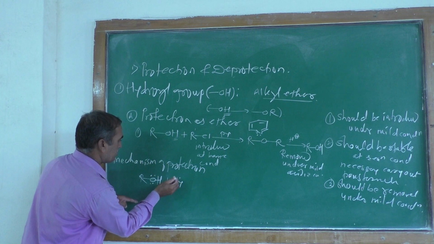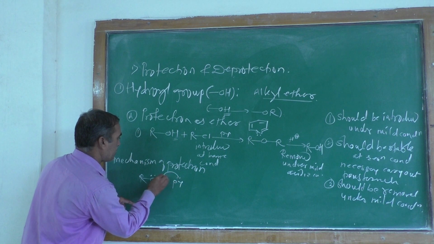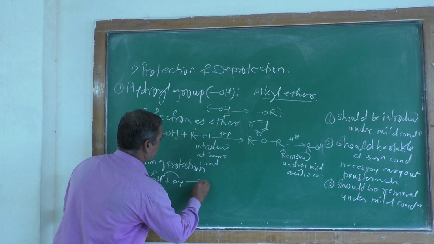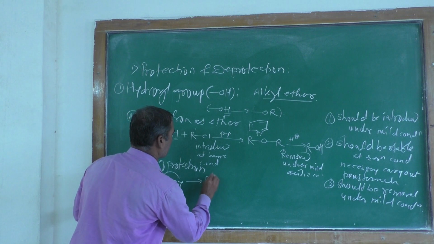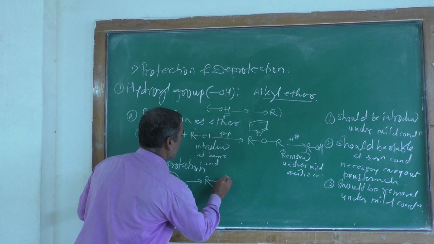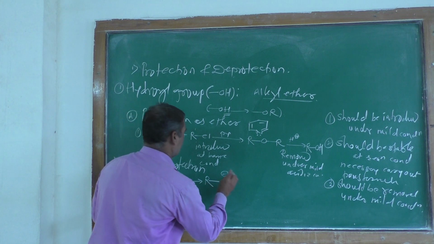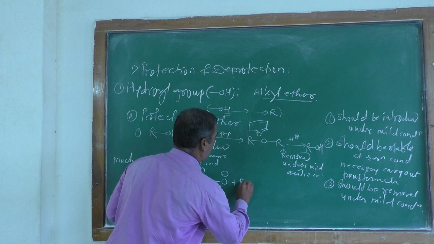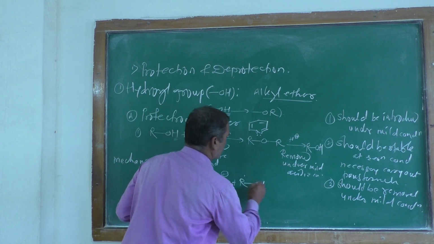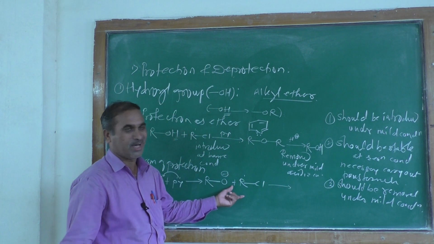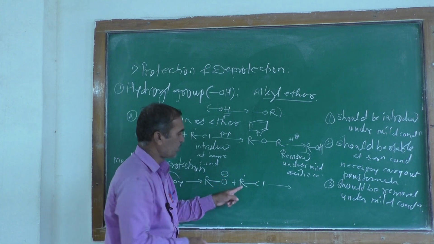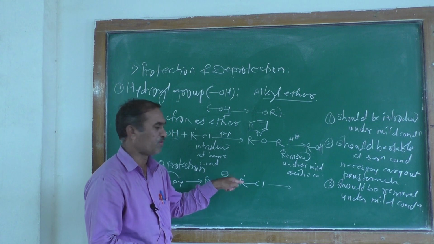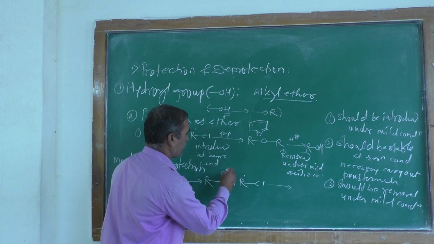Pyridine can pick up the proton from here, leaving a negative charge on the oxygen atom, and you get RO minus. Then you can treat this with R'Cl, which is an alkyl chloride. In alkyl chloride the carbon atom is electrophilic in nature, and this is nucleophilic.